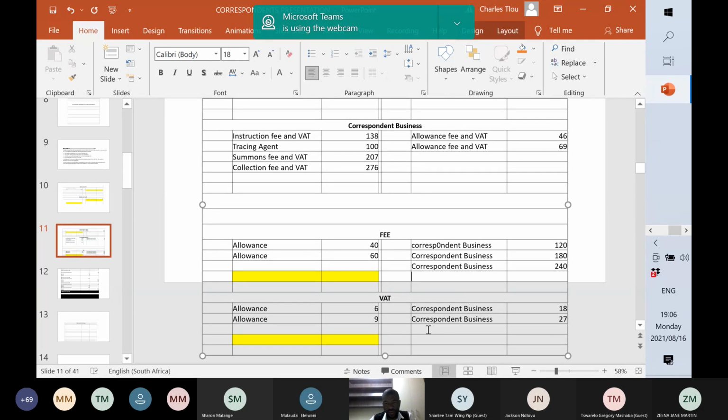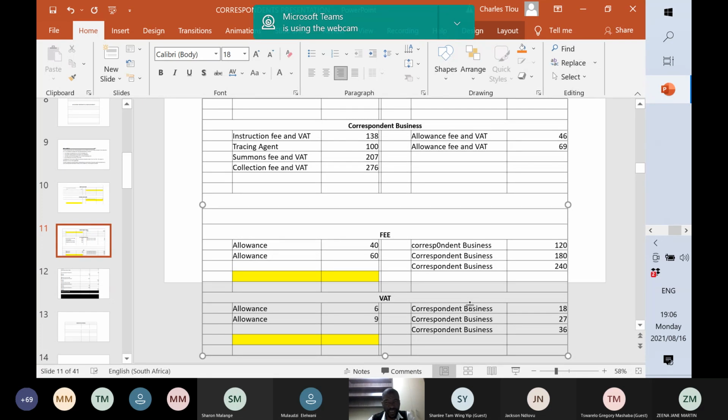It comes here on your fee. And that is 36 Rand. And that is how you record that fee there.